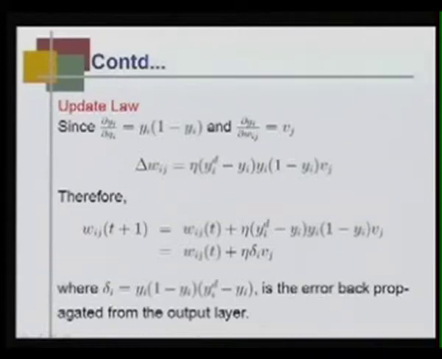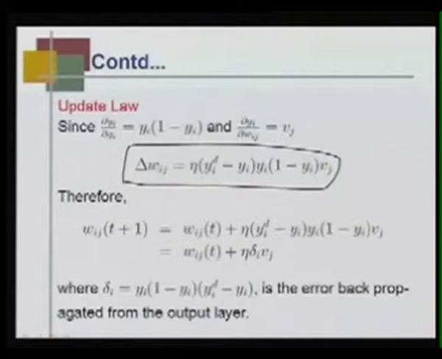Doing that, finally I get this expression: delta w_ij is eta times (y_i^d minus y_i) times y_i times (1 minus y_i) into v_j.